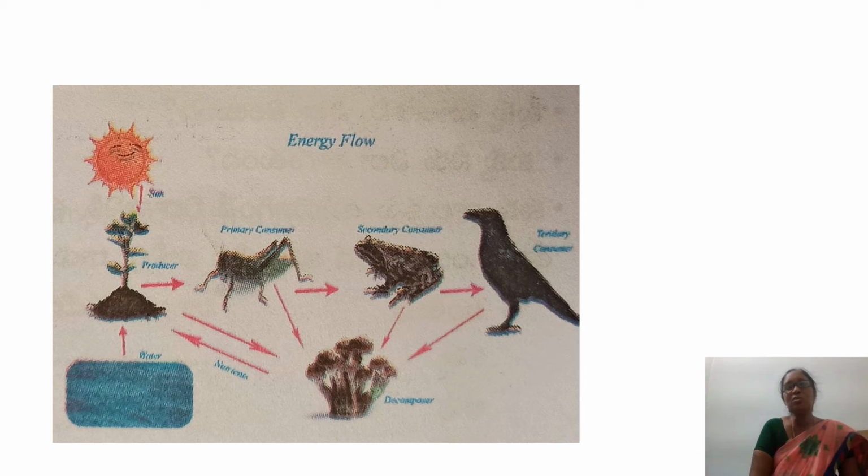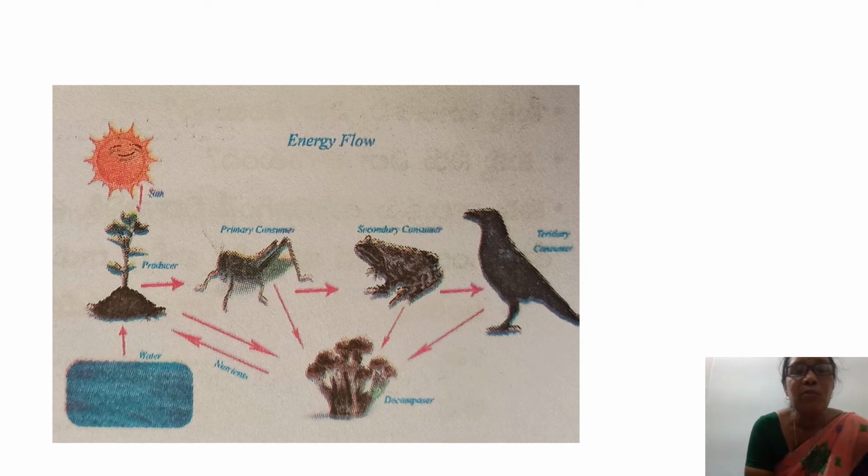Energy flows. Then who is the first source of energy? Sunlight. Sunlight is which kind of energy? This light energy is transferred from the sun to the plant, from plant to grasshopper, from grasshopper to frog, from frog to crow.